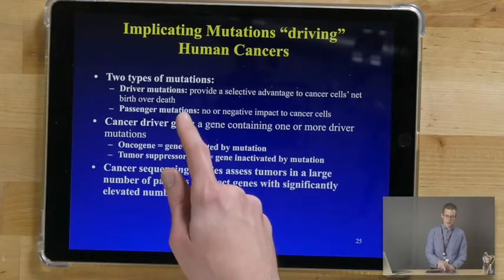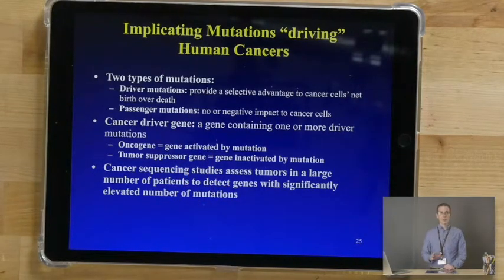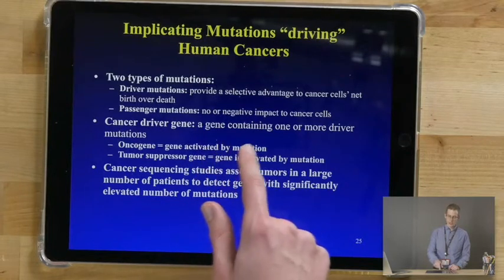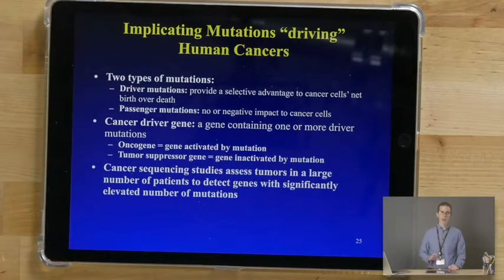And then there are passenger mutations, which either don't provide any benefit or may actually adversely impact how well the cancer cell could grow. What we're going to focus on is: can we understand which genes contain driver mutations? We call those cancer driver genes, where a gene contains one or more of these driver mutations. So if the gene is mutated, it's going to help promote the cancer growth.